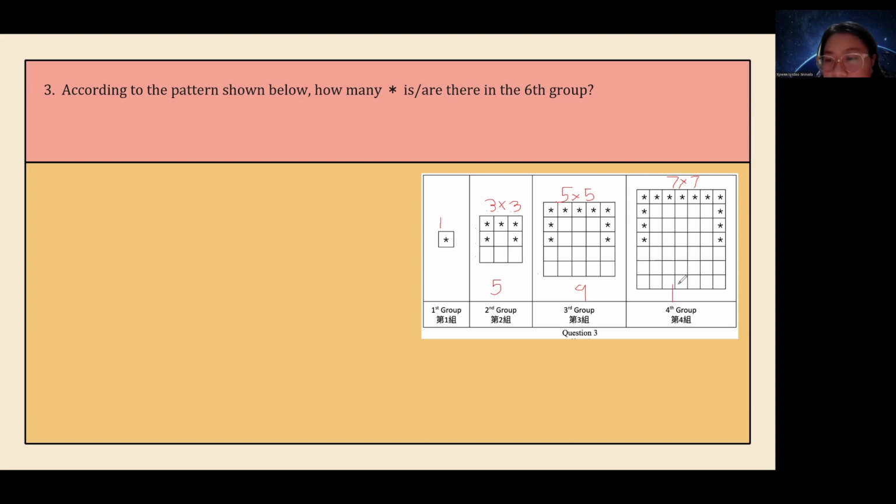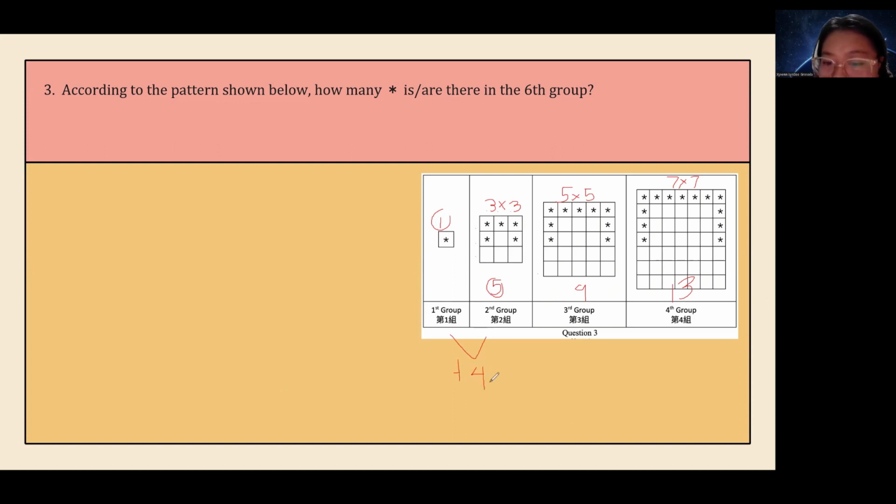Okay, that's 13. Now, we can form a pattern for the number of boxes and a pattern for the number of asterisks. Let's get the pattern for the number of asterisks first. The pattern here between 1 and 5 is just +4.